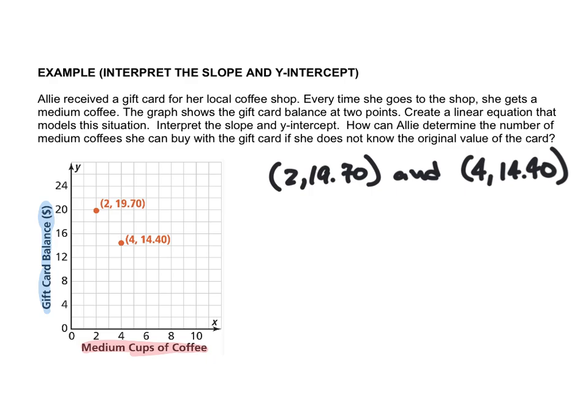I want to label these as x1, y1, and x2, y2.